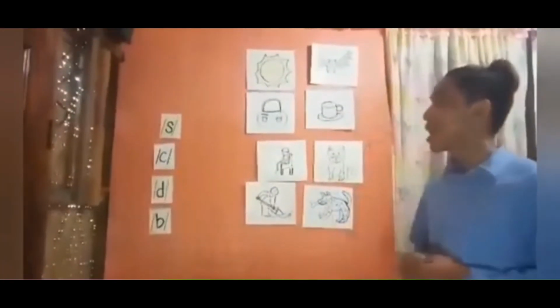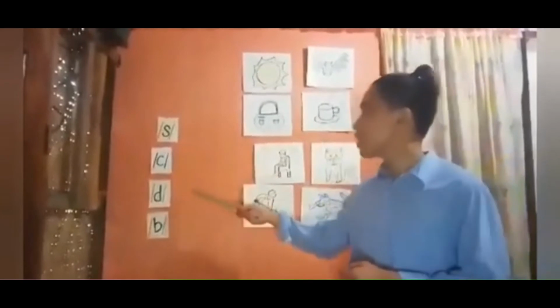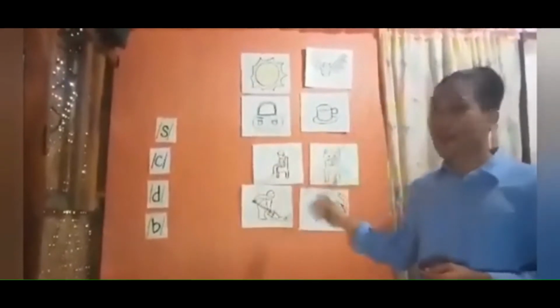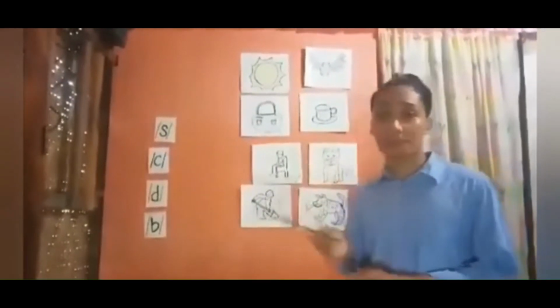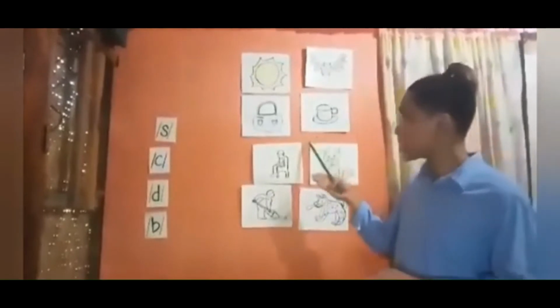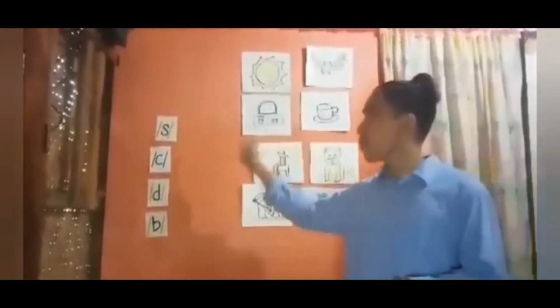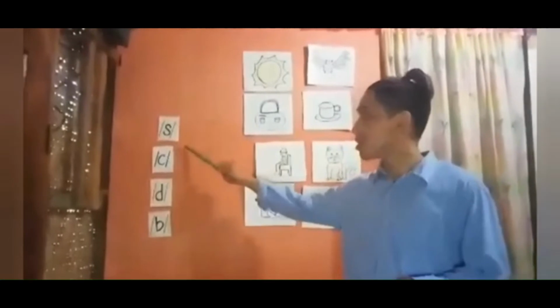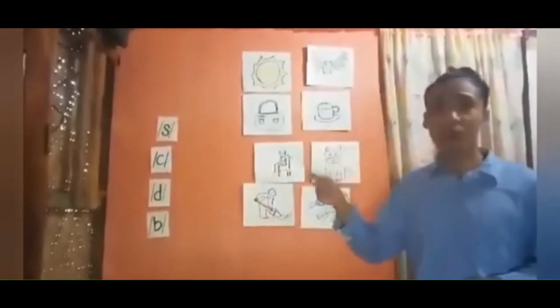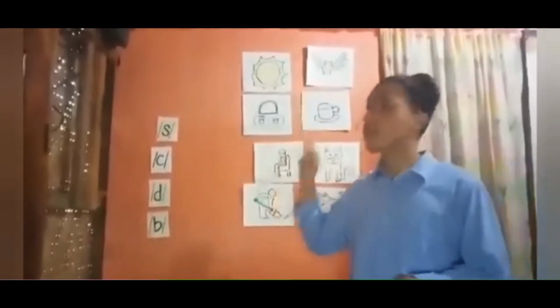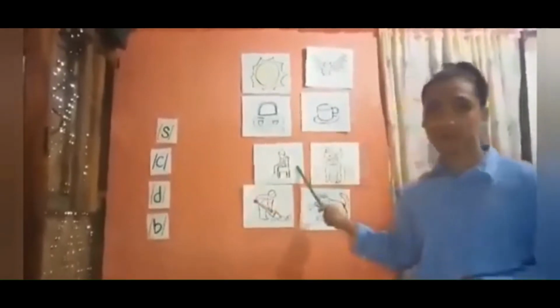As you can see, I have here letter cards in front of you and also pictures. In this activity, you will place these pictures on the letter cards that correspond with the first sound of the first letter of the picture.